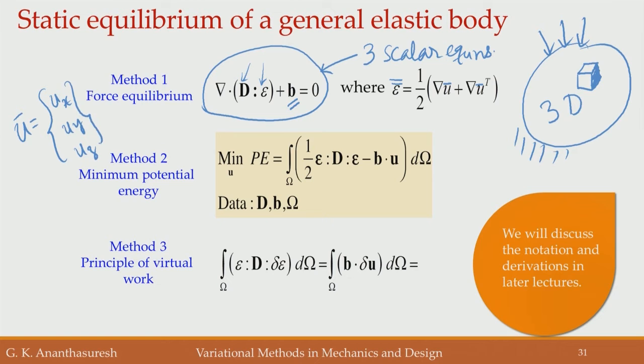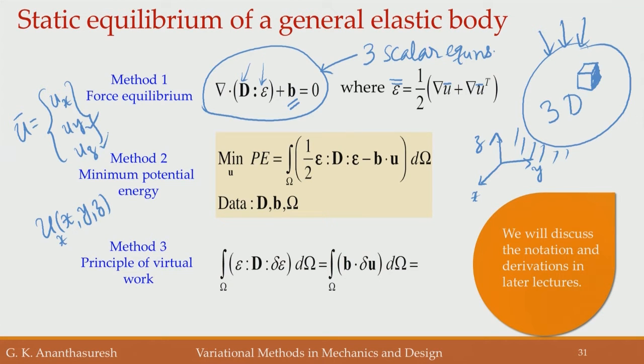All of these will be functions of x, y, z, because we have taken a 3-dimensional system. So ux is a function of x, y, z, and so is uy and so is uz.